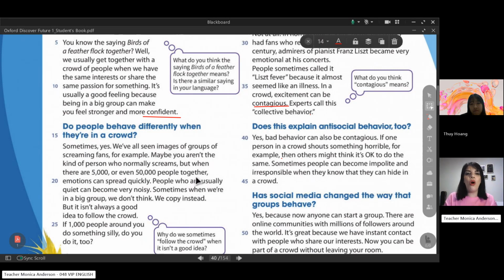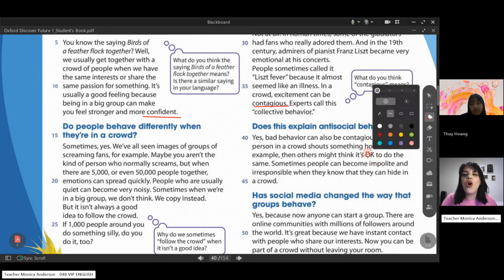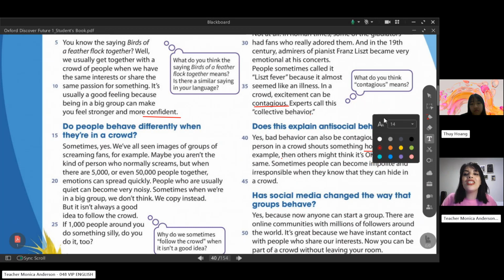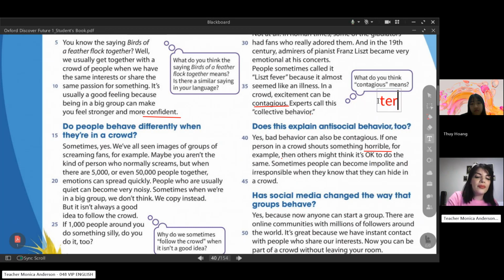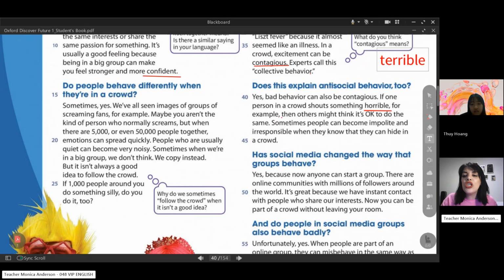But when you are 50,000, 100,000 people, wow, it's terrible. And we have another word, horrible. Horrible means terrible, very bad, or something scary.